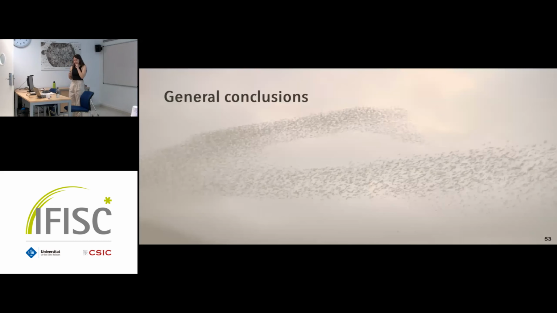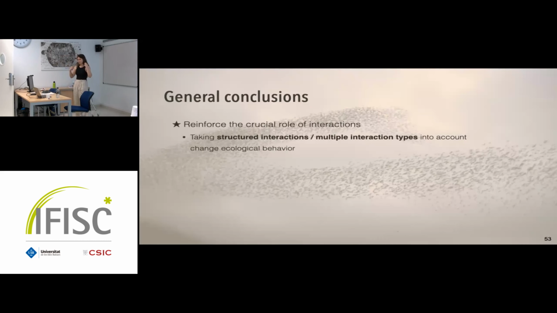And now, just wrapping up, from this thesis we can draw some general conclusions. So first, regarding the ecological part, with our work we have reinforced the idea that interactions are one of the main drivers of coexistence, and it's very important to increase the efforts to add more information about these interactions, to refine our models and add, for example, a spatial structure or more types of interactions.